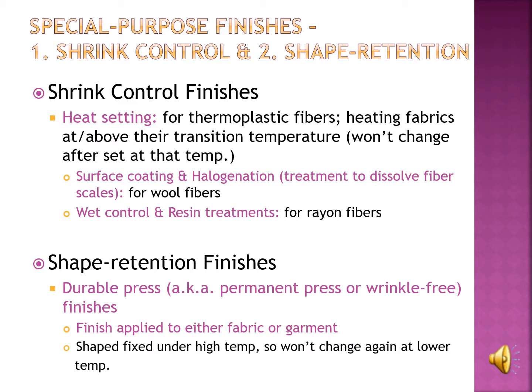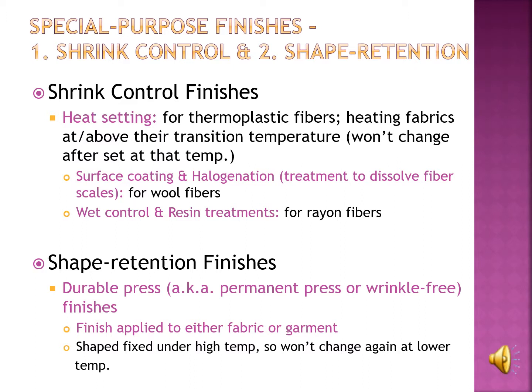And then for rayon fibers, there are resin treatments that can be done in order to prevent rayon from shrinking. So again, if you remember from back towards the beginning of the course when we talked about the wrinkle factor, the shrink factors with respect to these particular fibers were relatively high. And so this is the point at which a finish can be applied in order to help combat those issues.